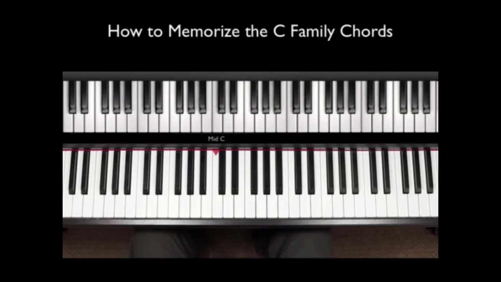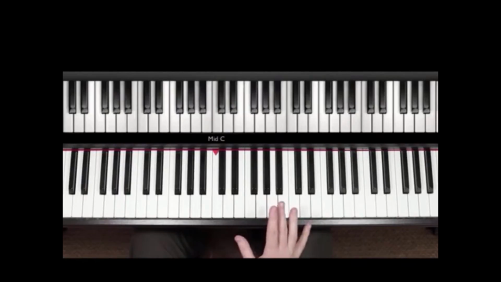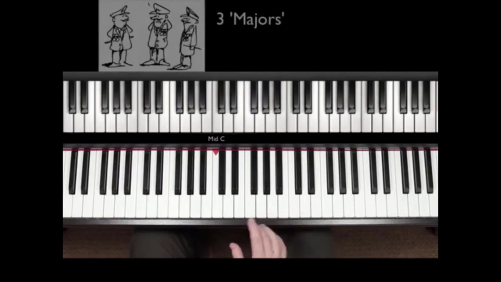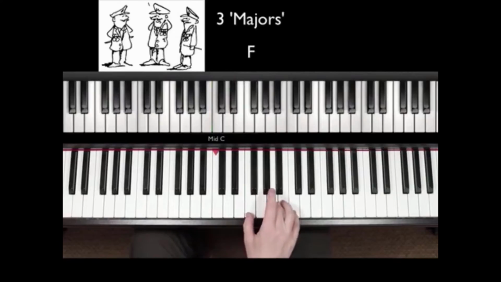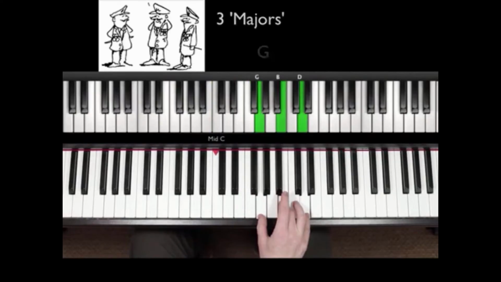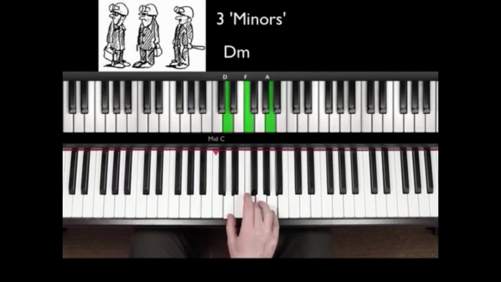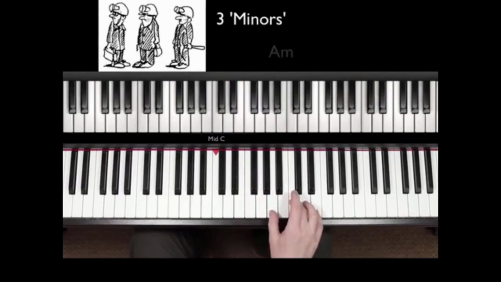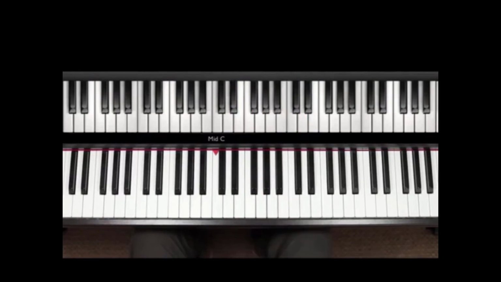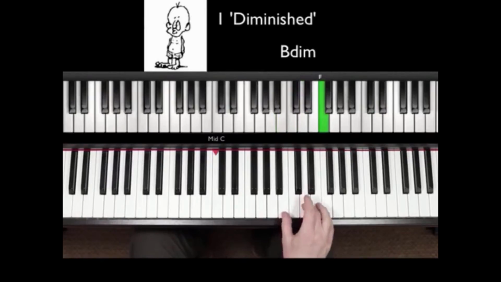So how to memorize the C family chords. Remember there were 3 majors, 3 minors and 1 diminished. So how are you going to remember that? If you look at the cartoons and just remember 3 majors, so C, F and G. Okay, 3 minors, D minor, E minor and A minor, and 1 diminished is the B diminished.